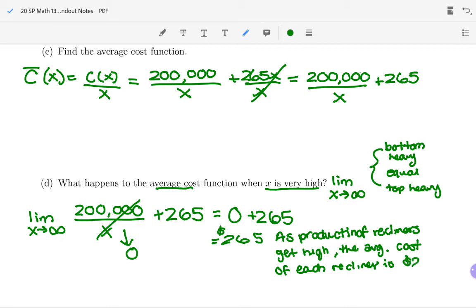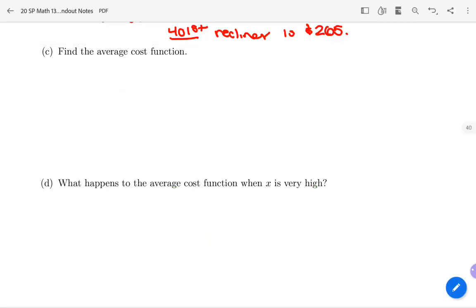Is $265, which just backs up what we found in part A and B. That as production gets pretty high, the average cost is $265. It matches what we've already found in the first couple parts.